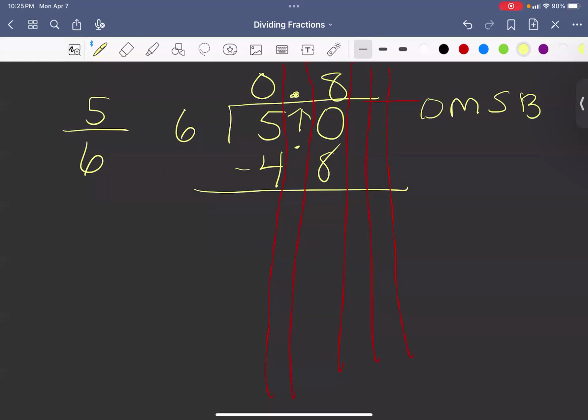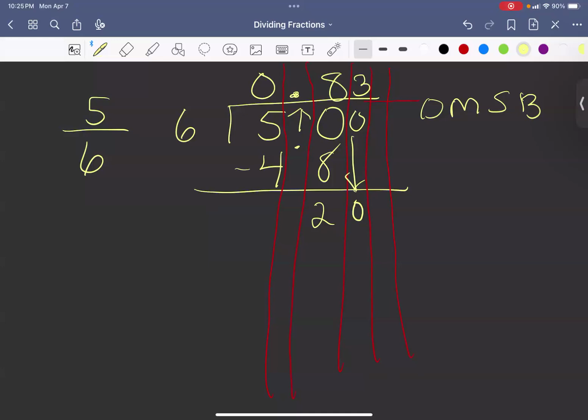So we are up to subtract. 50 minus 48 is 2. I want to keep dividing, so I add a 0. Bring that 0 down. Now I can divide 20 by 6. 20 divided by 6 is 3.